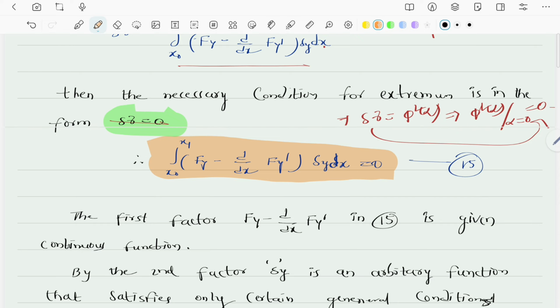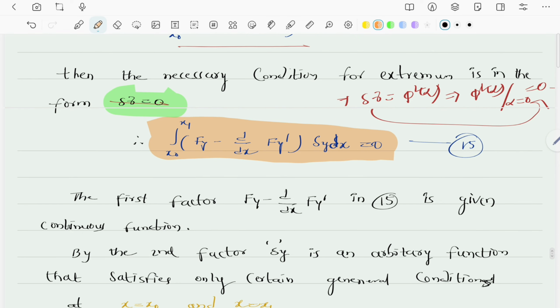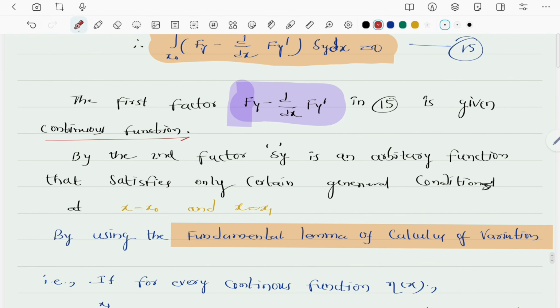Therefore, the first factor, fy minus d by dx of fy dash in 15, is a continuous function. The second factor, delta y, is an arbitrary function that satisfies only certain general conditions at x equal to x0 and x equal to x1.